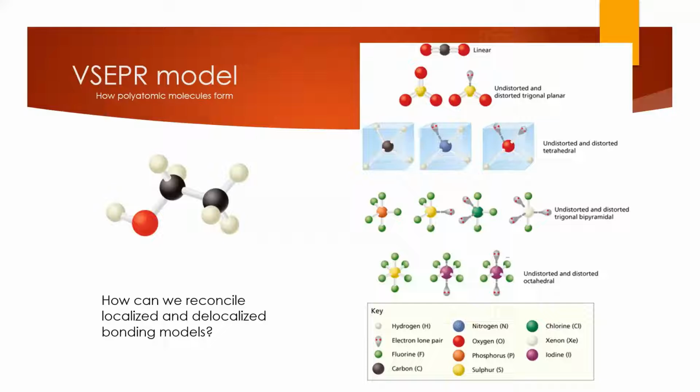MO theory, on the other hand, is based in quantum mechanics and allows us to easily predict the energies of electrons and orbitals. So we're going to be highlighting these discrepancies between the two models, and eventually, in the next lecture, we are going to attempt to reconcile them. Keep these ideas in the back of your mind as we go through the sections of this chapter.